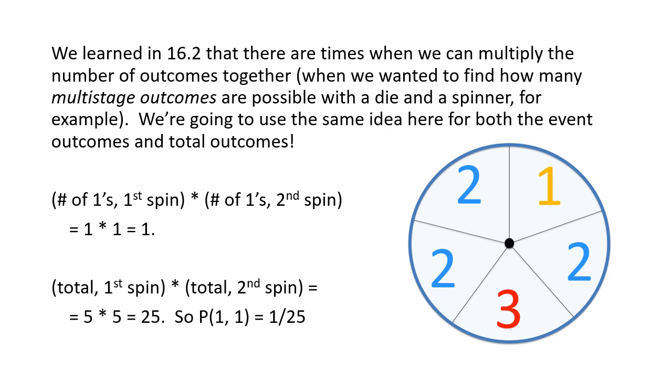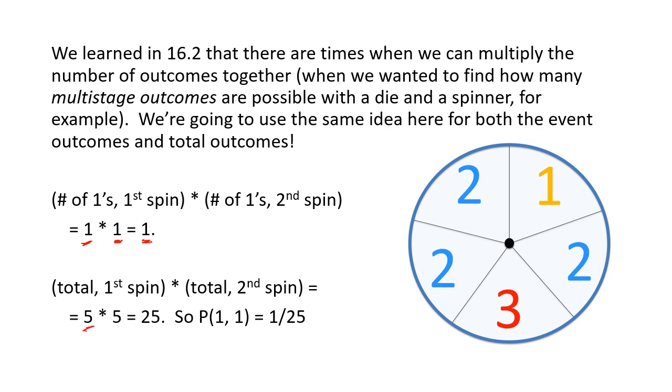So 1 times 1 gives us one way total of getting that outcome. So one way on the first spin, one way on the second spin, and then we multiply those together to get one way total.